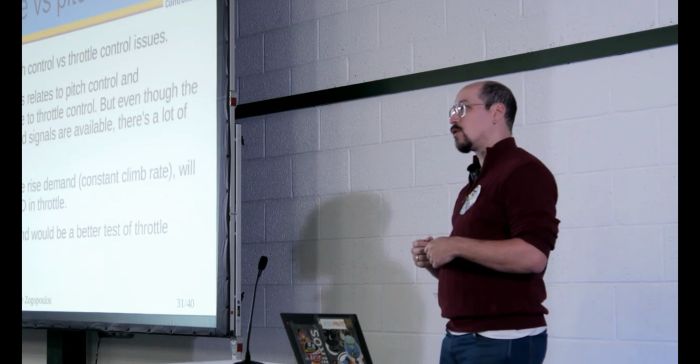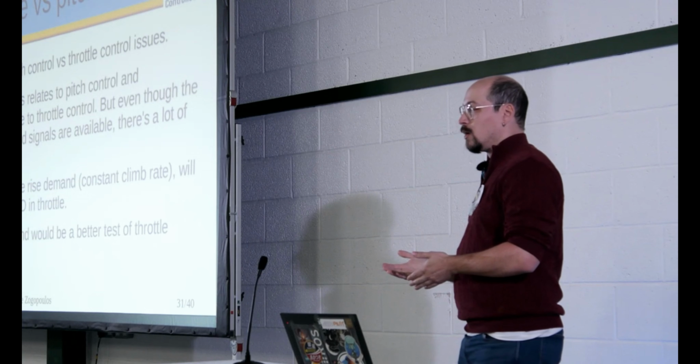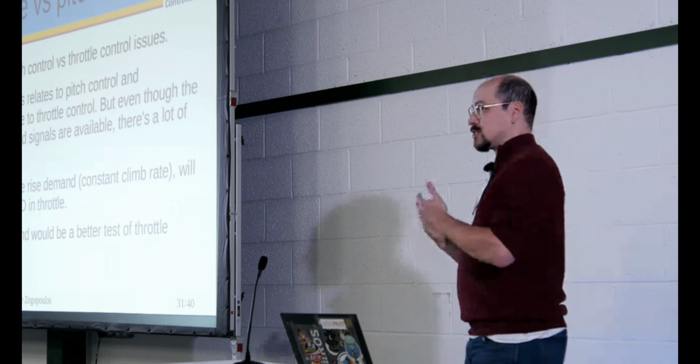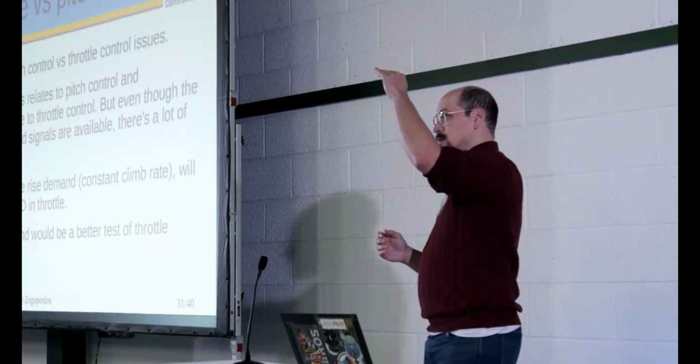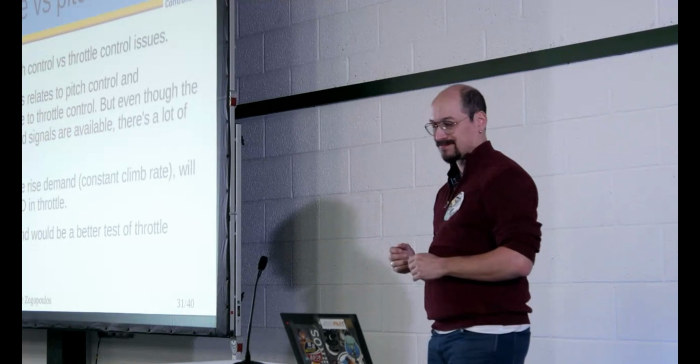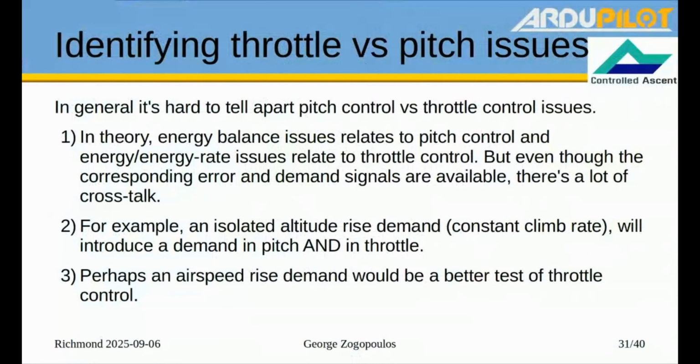Whereas if there's something wrong with your throttle, you will see that both of these states, energy and altitude, will increase and decrease at the same time. But this is not enough of a lead most of the time in my experience. For example, if you issue an altitude rise demand, as in a constant climb change, both the throttle and the pitch need to rise by definition.